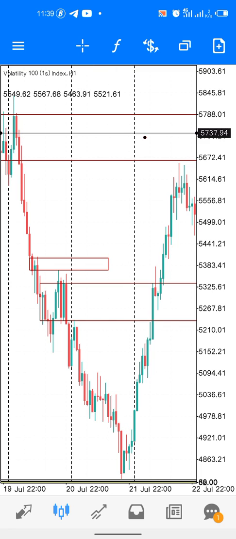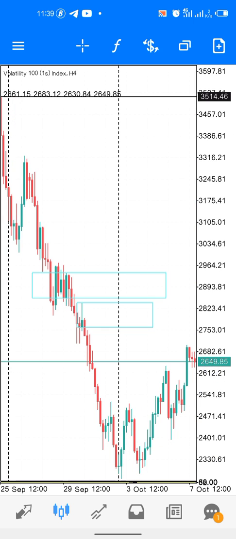So as price broke this point, bounced on it, and gave us a first breakout, it started to reverse.